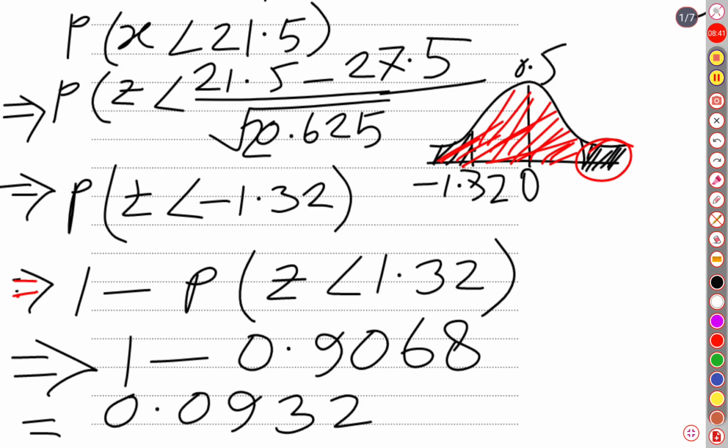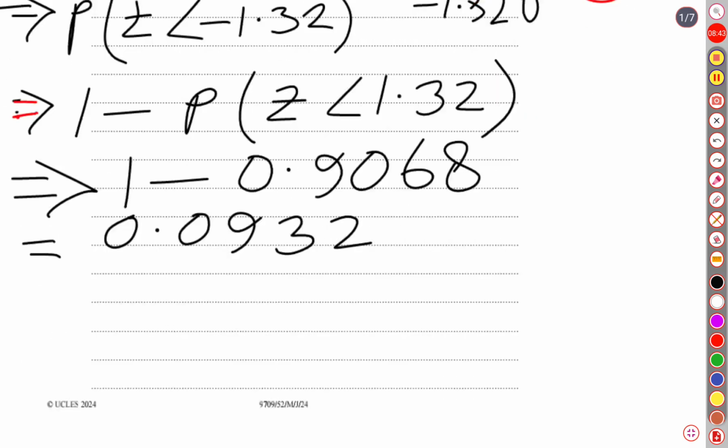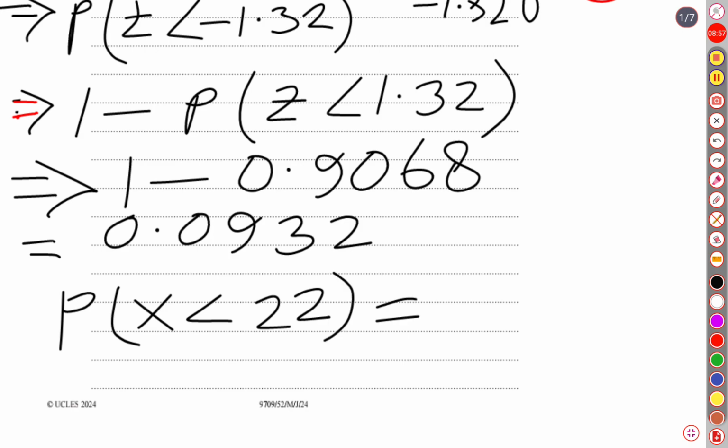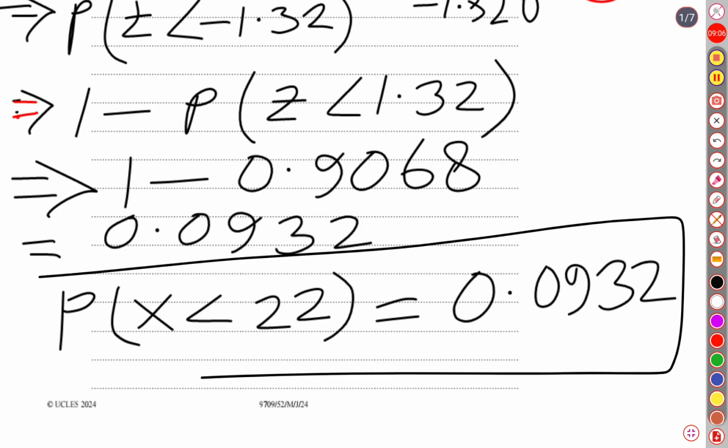But can we write it in a proper form? The probability that x is less than 21.5, or you can write 22 also, is 0.0932. That's all about the solution.